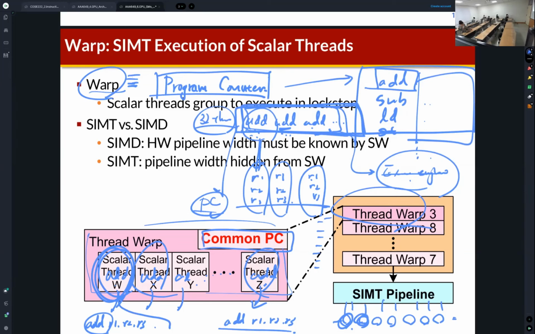If the required operands, the source register data, are collected from the register file and assigned to each thread, then each thread has its required operand. The data are different, and the threads can be executed in parallel. This is the SIMD model, right?